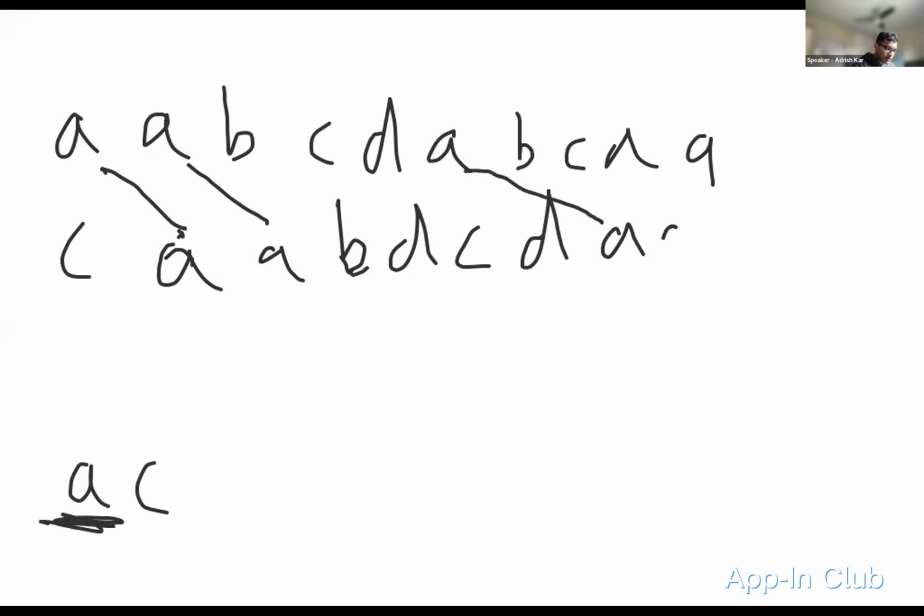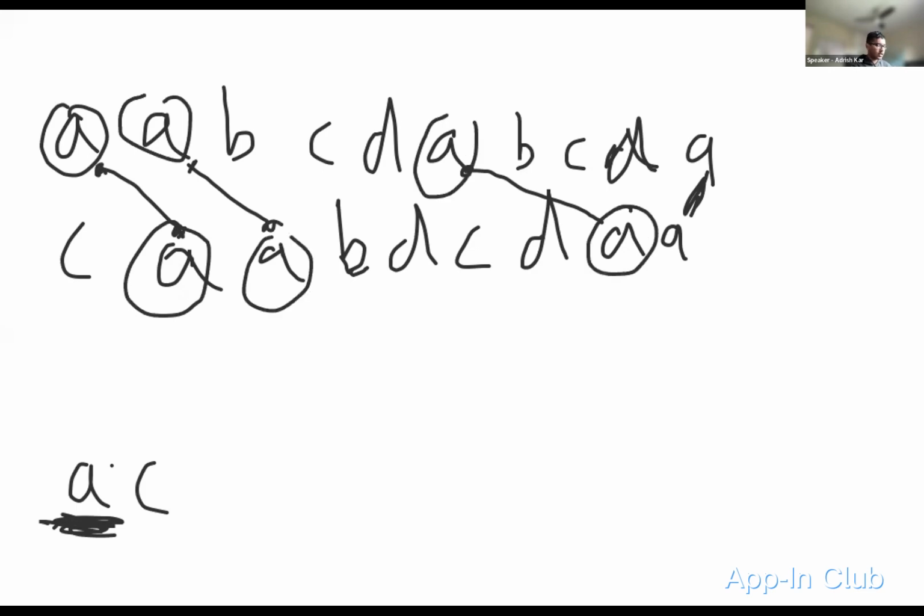Essentially, I just drew these lines when doing the problem. Each corresponding character in the first string connects to each corresponding character in the second string. The first occurrence of A in the first string is connected to the first occurrence of A in the second string, and so on and so forth.